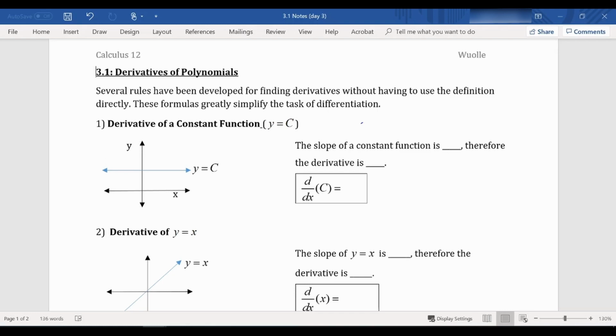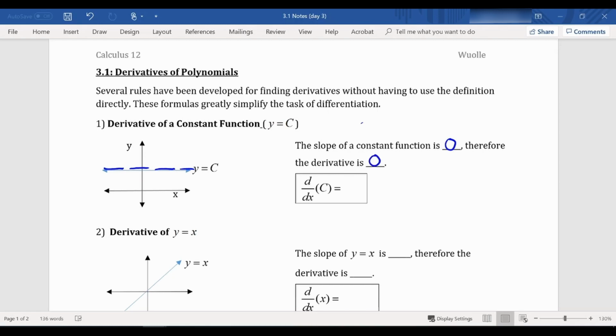All right. So, we're going to take a look at a couple of these and just show you how they work. So the first one is the derivative of a constant function. So if I have a straight line, a horizontal line, if I draw slopes or tangent lines, the slopes for all of these is 0. So the slope of this function itself is 0, but also the derivative, or the slopes of the tangent lines, is 0.